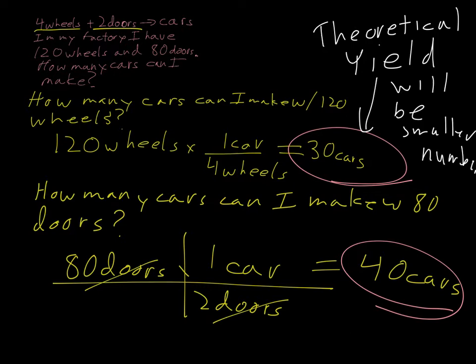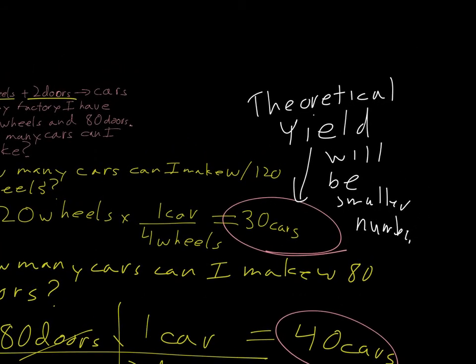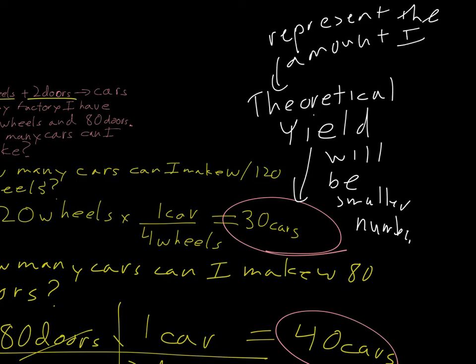Despite the fact that it's the smaller number, the theoretical yield represents the amount of product I should generate in theory.